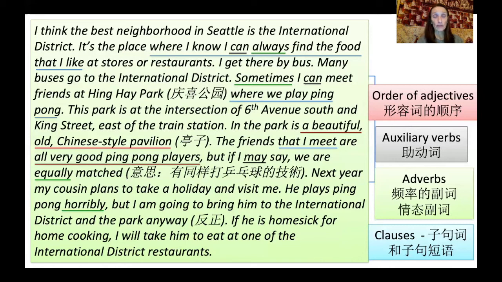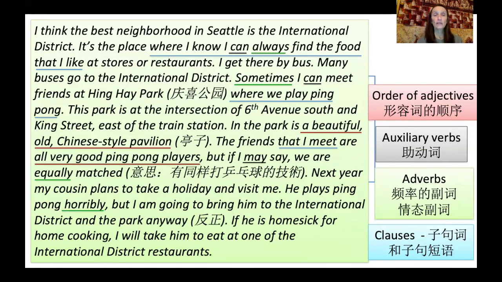This park is at the intersection of 6th Avenue South and King Street, east of the train station. In the park is a beautiful old Chinese-style pavilion. The friends that I meet are all very good ping pong players. But if I may say, we are equally matched.